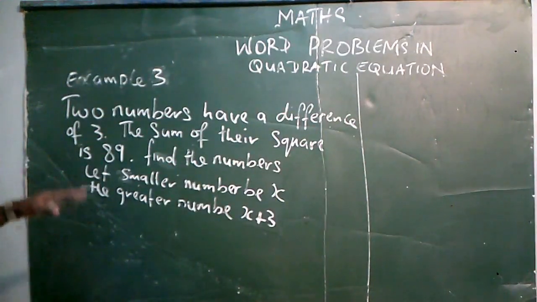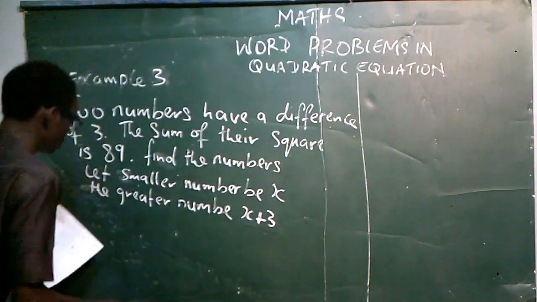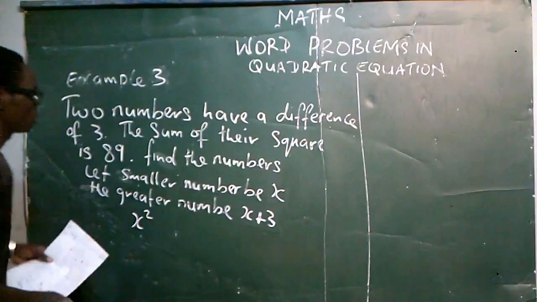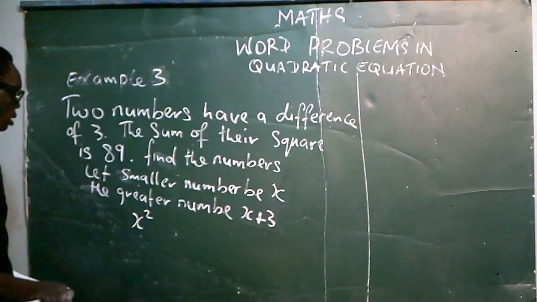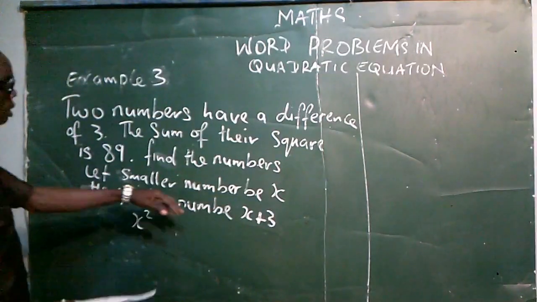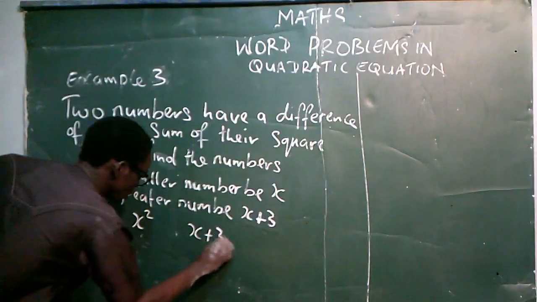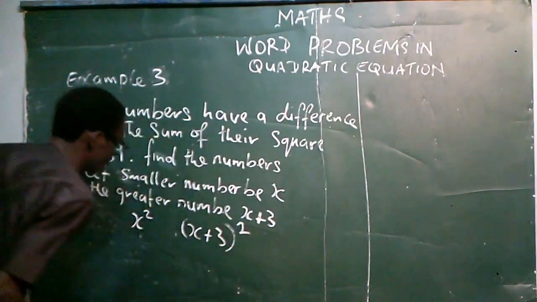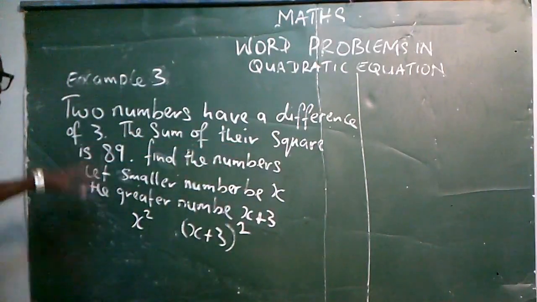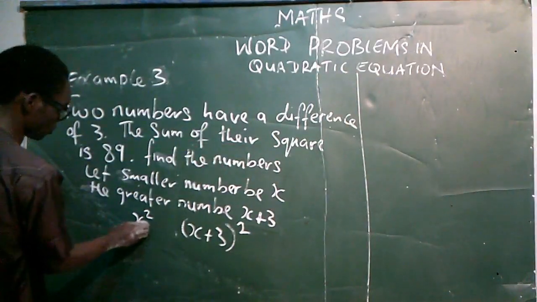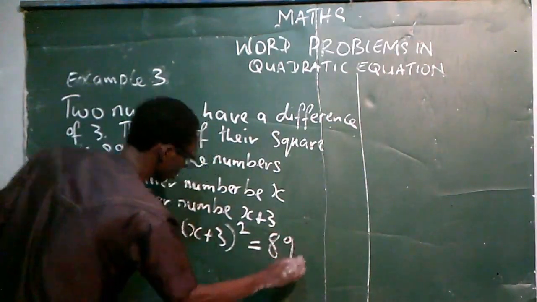The square of the first number is x squared, and the square of the greater number is x plus 3 squared. The sum of their squares is 89. So the square of this and the square of this gives me 89.